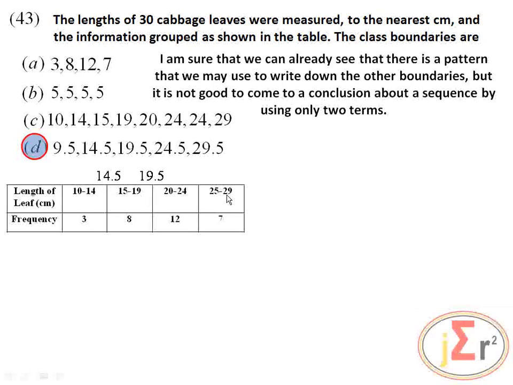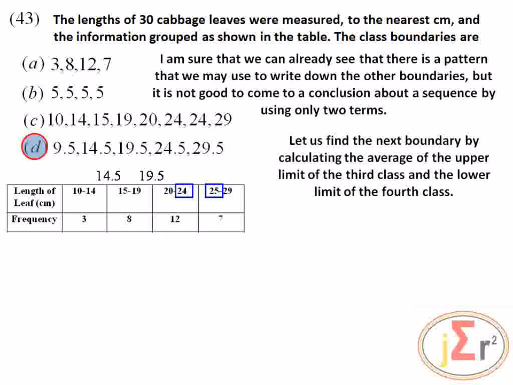They are also going up by 5. We imagine that the boundaries will go up by 5 also. But let us put in a third term in that sequence and arrive at our conclusion in a more acceptable way.